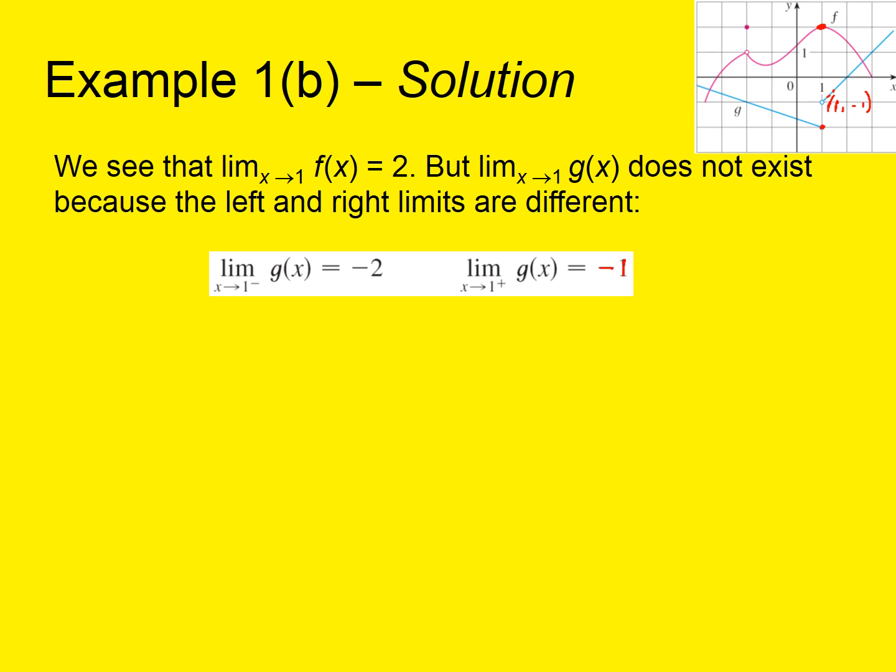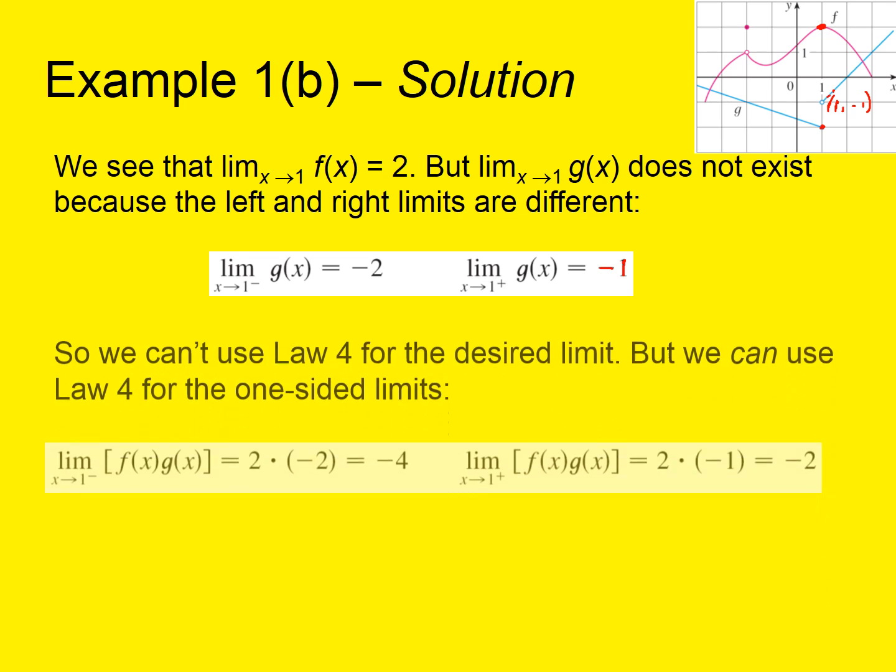So depending on which limit laws we use, we could have a problem. We can't use law 4 for the desired limit, because we can't talk about the limit as x approaches 1 of g of x in any limit law, because that limit does not exist.